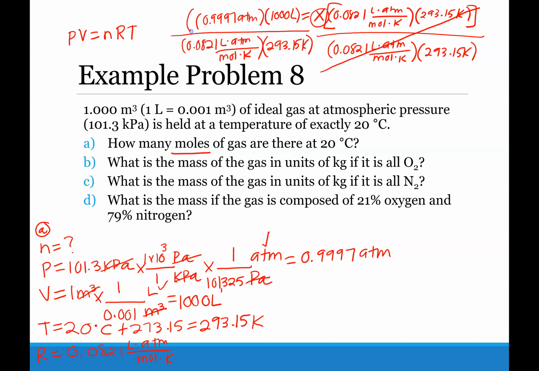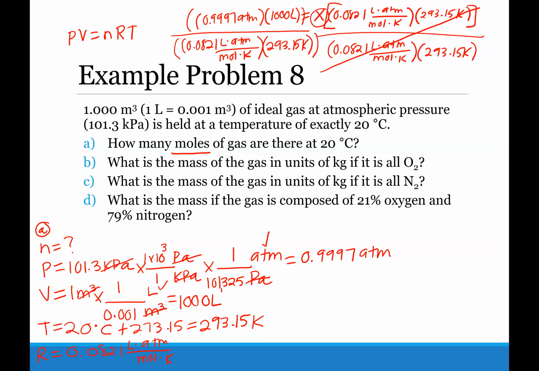So I'm actually going to put this all into my calculator as one big calculation for the sake of quickness. So if you want to do this with me, open parentheses, 0.9997, close parentheses, open parentheses, 1000, close parentheses, divided by, open parentheses, 0.0821, close parentheses, open parentheses, 293.15, close parentheses.